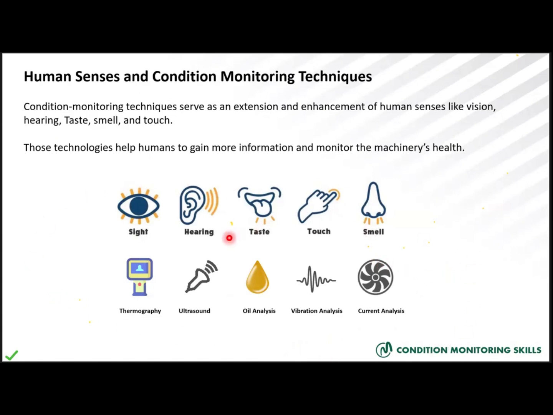Those technologies, thermography, ultrasound, oil analysis, vibration, motor current signature analysis, and so on, help the humans to gain more information about the machine and monitor the machinery health. Okay, so usually the condition monitoring techniques are like an extension for your sight, extension for your hearing, extension for your touching, extension for smelling, and so on.